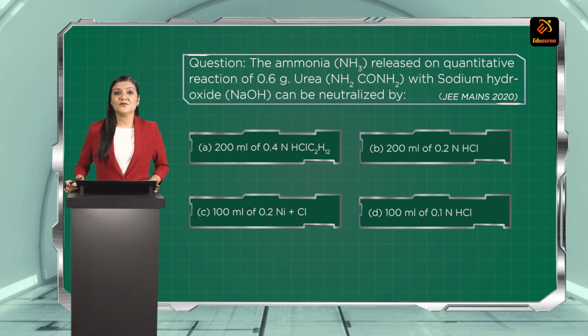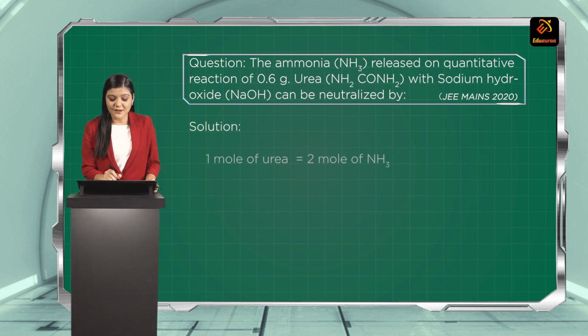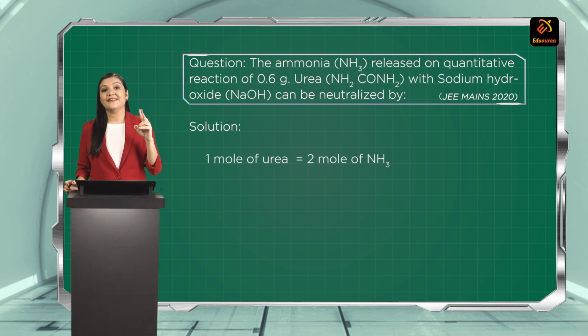Now over here we have to find out the amount of HCl used to neutralize the mixture of urea, ammonia and NaOH. If I show you the stoichiometric relation, then 1 mole of urea forms 2 moles of NH3.